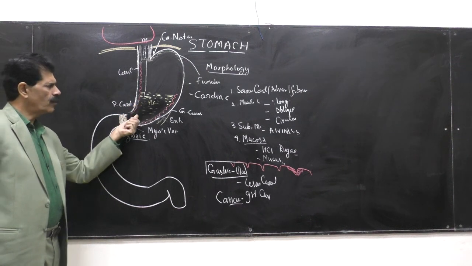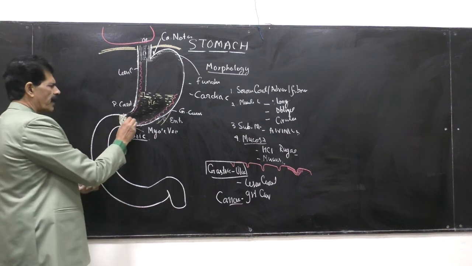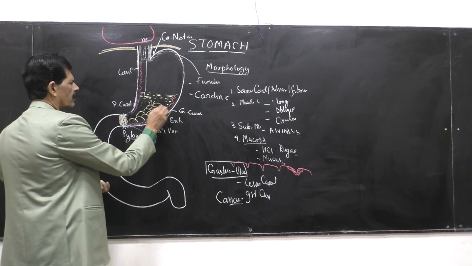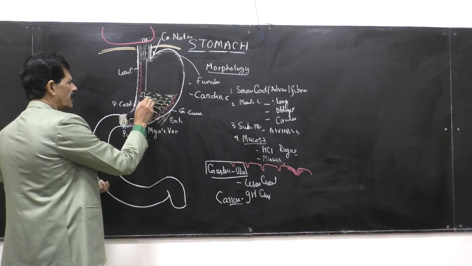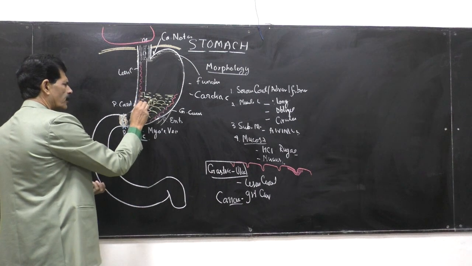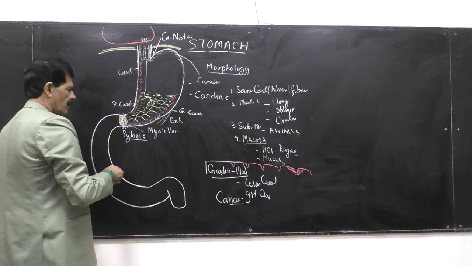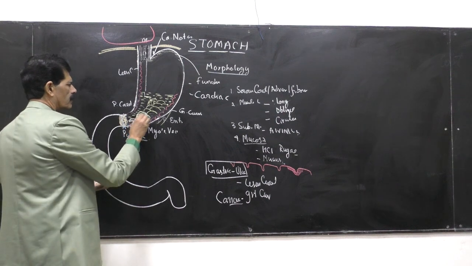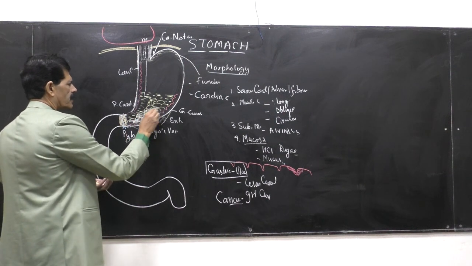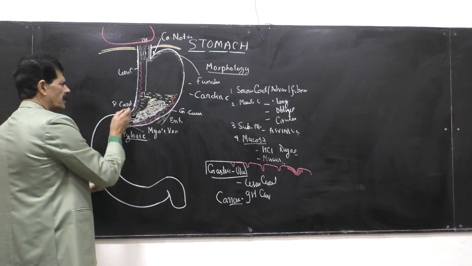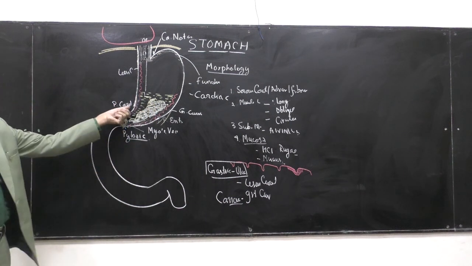But when we take food, because of gravity, the food falls near the greater curvature. And the lesser curvature is exposed to the HCl even after taking food or without food. And HCl goes away from the greater curvature mucosa. So the lesser curvature is always prone to gastric ulcer.